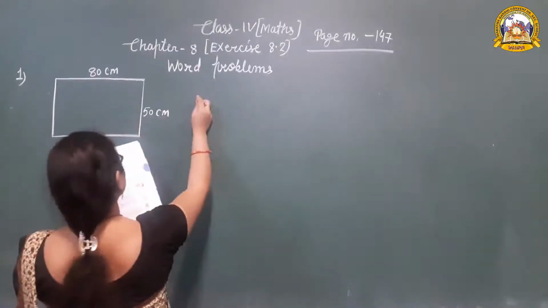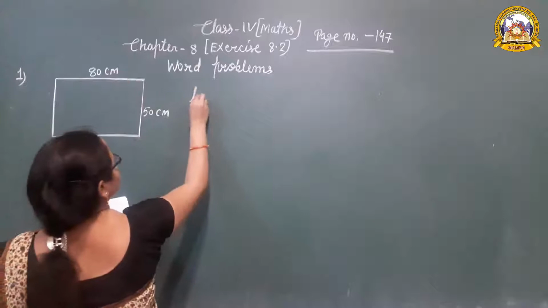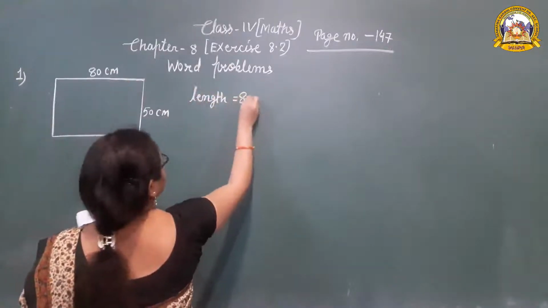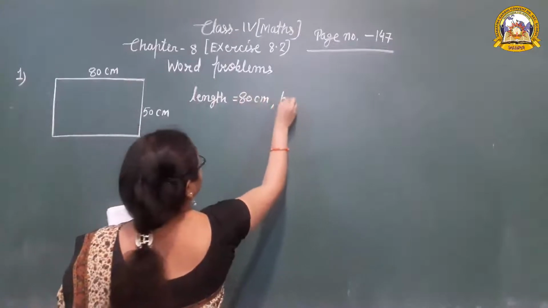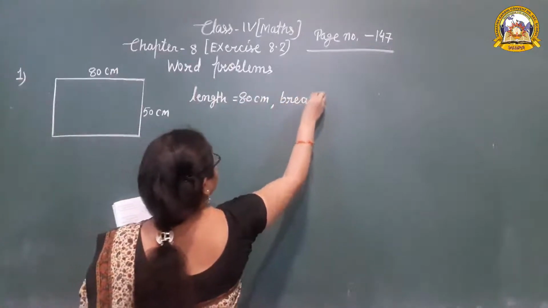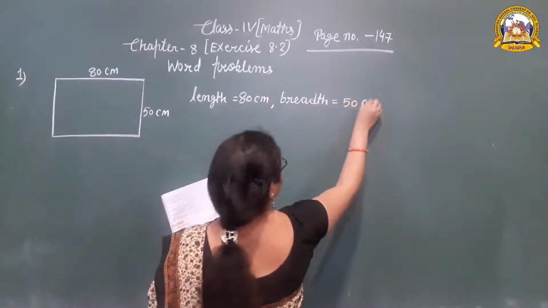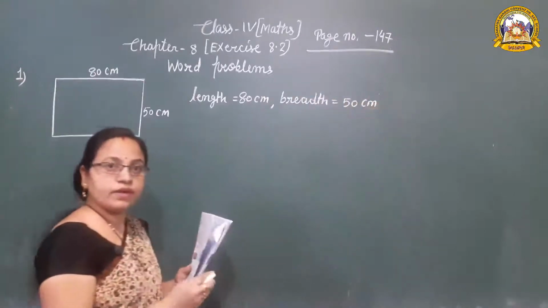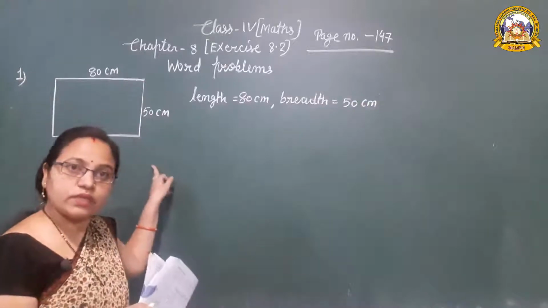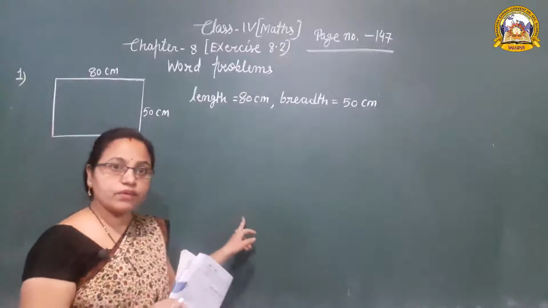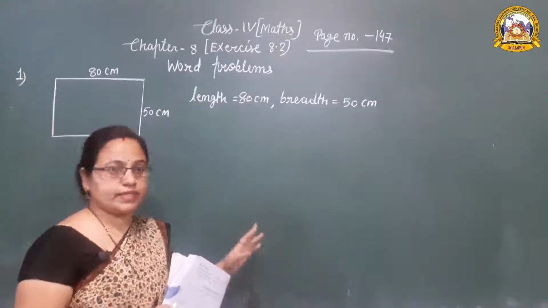So first we find the perimeter. What is given? Length is 80 centimeter and breadth is 50 centimeter. First we find the perimeter of the rug. The rug is in rectangle shape, so we apply the formula for the perimeter of a rectangle.